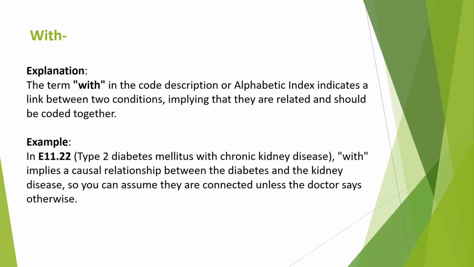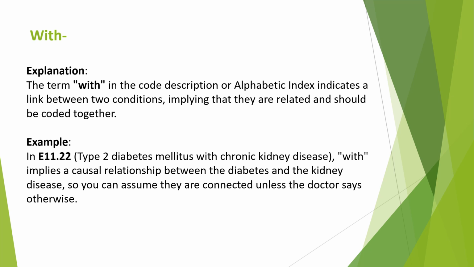The next term is with. The term with in the code description or alphabetic index indicates a link between two conditions, meaning they are related and should be coded together. For example, E11.22, that is type 2 diabetes mellitus with chronic kidney disease. Here there is a causal relationship between diabetes and kidney disease, so we can assume it and code together unless the doctor says otherwise.